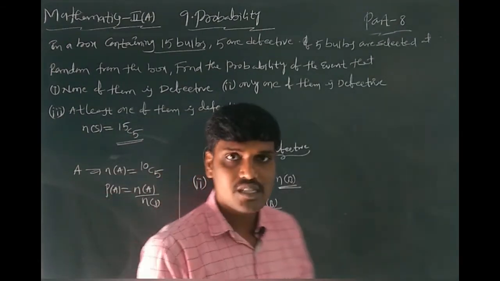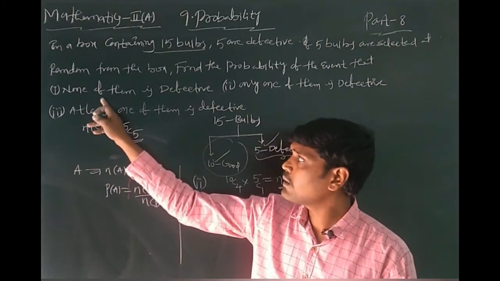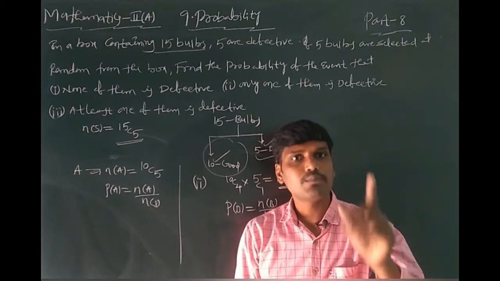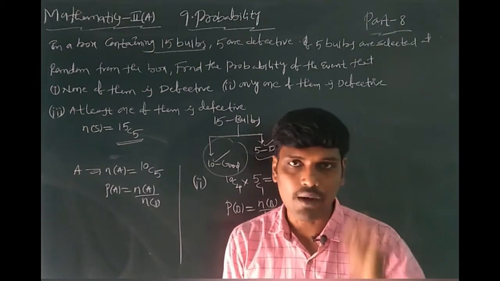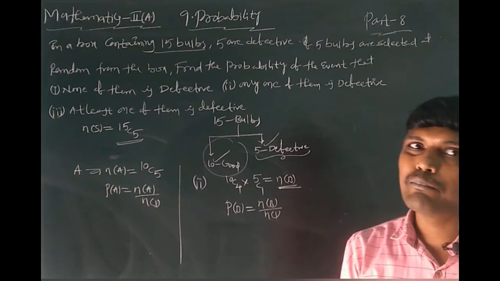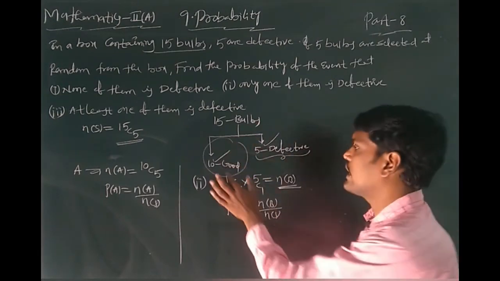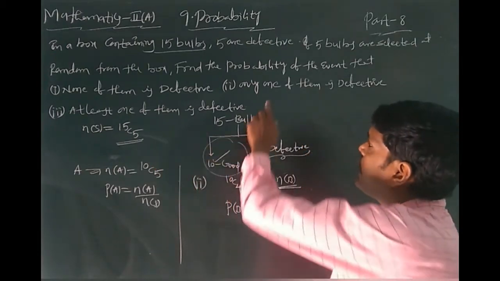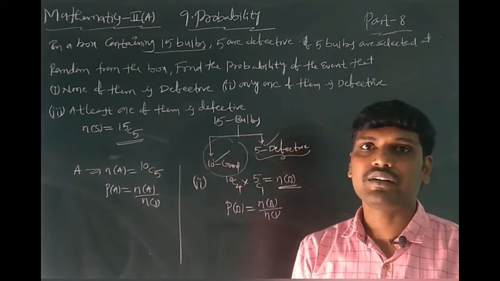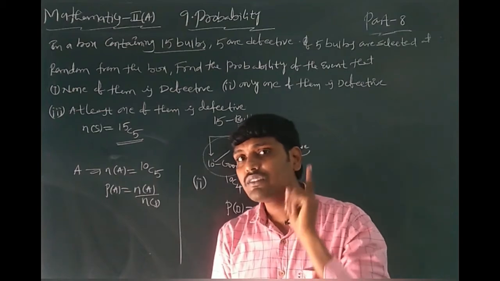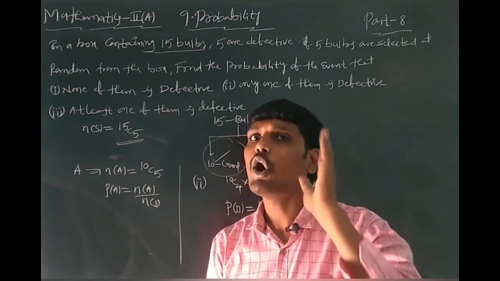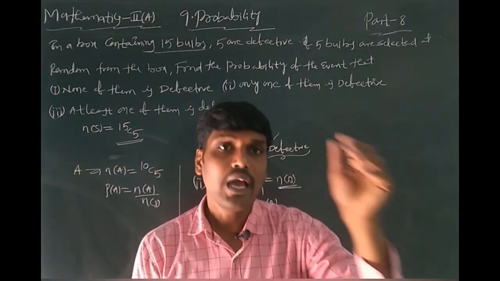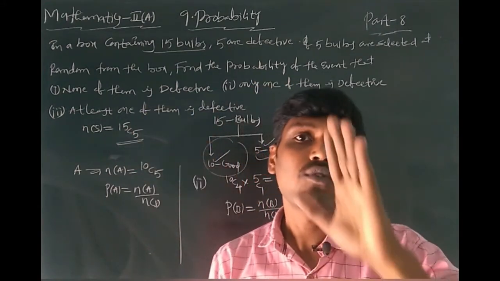Once again, I will explain, students. First problem, none of them is defective, nothing but all bulbs are good. You have to select 5 bulbs out of the 10 good bulbs, 10C5. This is the first answer. Second one, only one of them is defective. We select 5 bulbs, in which one bulb is defective and the remaining 4 bulbs are good.